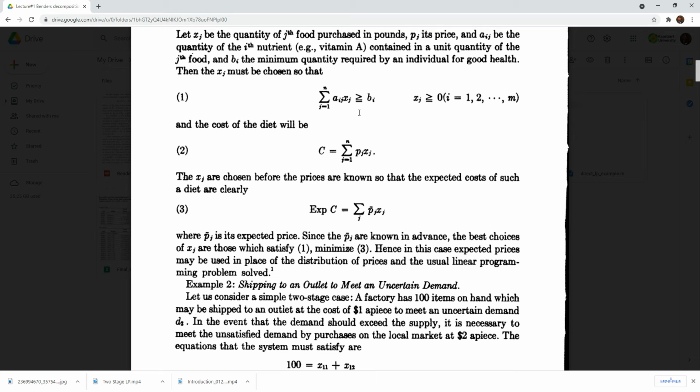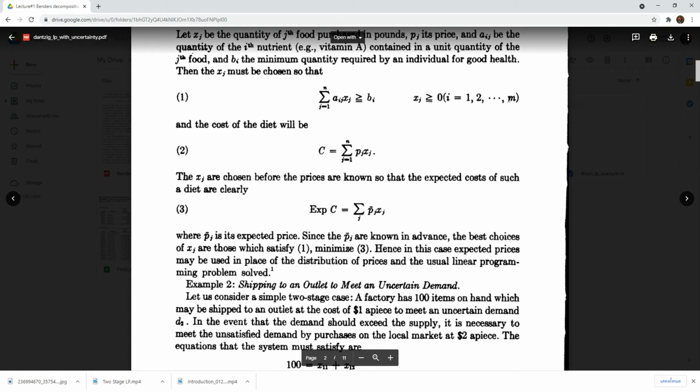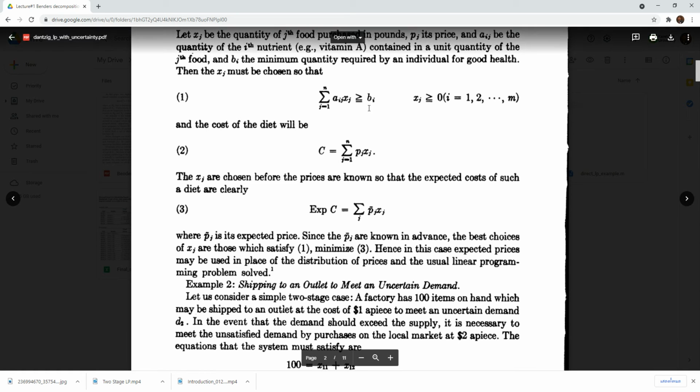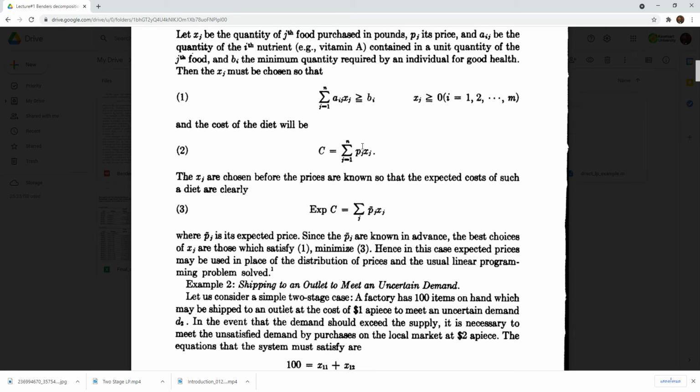Suppose that we have m nutrients. In this case, he didn't talk about any uncertainty that can happen within A sub ij and B sub i. He focused only on the uncertainty of the cost P sub j. Suppose P sub j has some uncertainty, and that uncertainty can be represented as scenarios or alternatives.